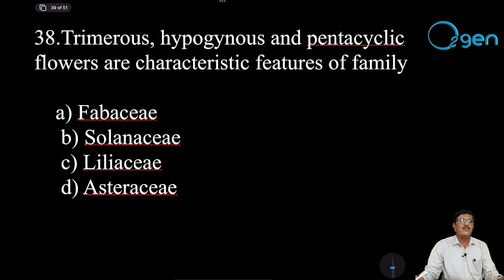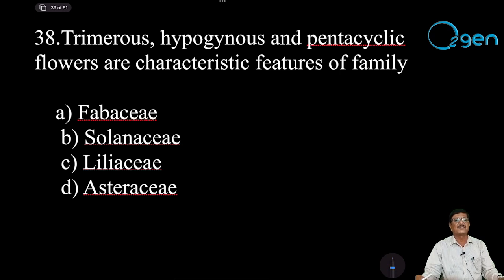Question 38. Trimerous, hypogynous, and pentacyclic flowers are characteristic features of family. All dicot flowers are either tetramerous or pentamerous, whereas in monocot families all the units are 3 and their multiples, perianth, androecium, gynoecium, hence they are called trimerous.